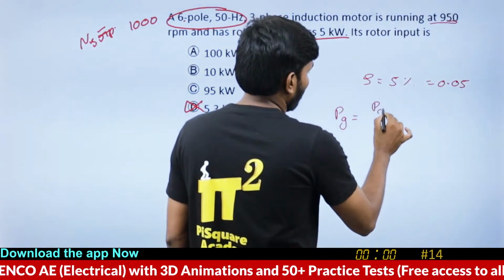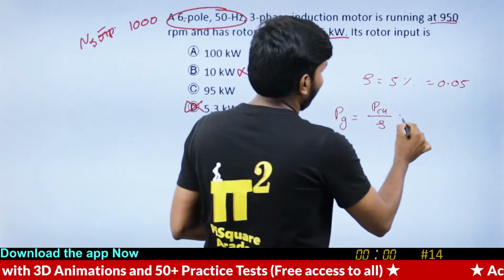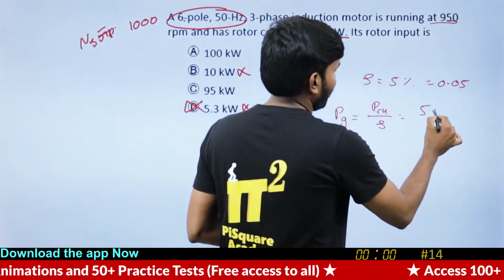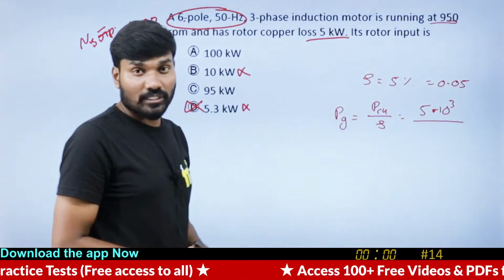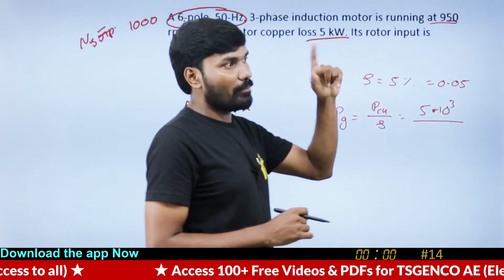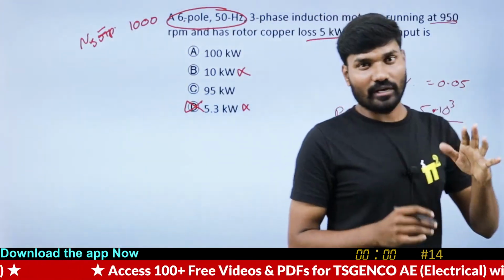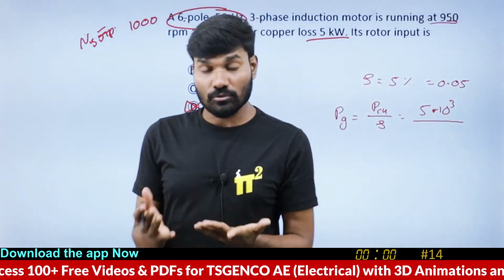Pcu by s. Copper losses is 5 kilo, 5 into 10 power 3. And most of the students don't know about this kilo, mega, milli, micro, nano. They get confused on this also.